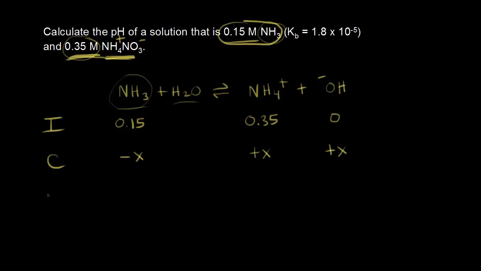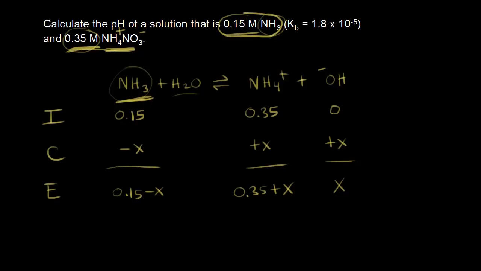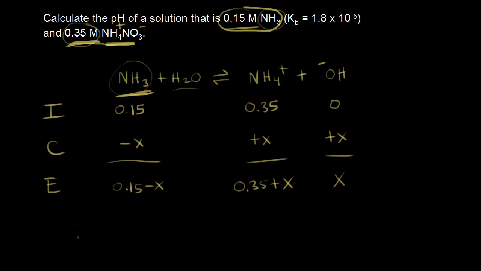So when the reaction comes to equilibrium here for ammonia, we would have 0.15 minus X. For ammonium, we have two sources, right? So this is a common ion here. So we have 0.35 plus X, and then for hydroxide, we would have just X. So since ammonia is acting as a weak base here, let's go ahead and write our equilibrium expression, and we would write Kb.